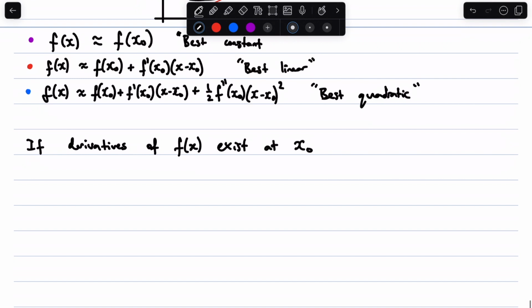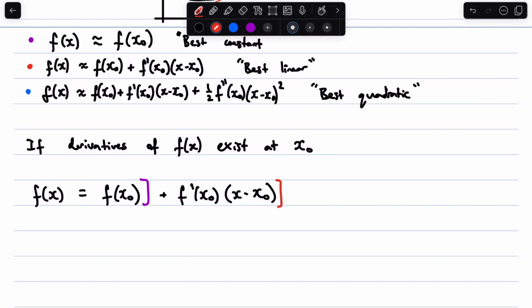f of x. So the way we would write that is f of x equals f of x0, and notice here this is where our purple line would truncate. We can then add more terms, so f prime of x0 times x minus x0, and this is where our red line would truncate, and we can continue.